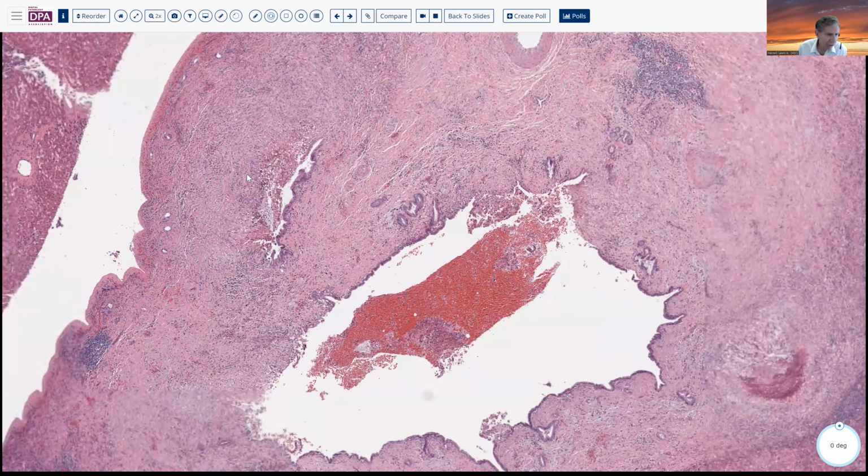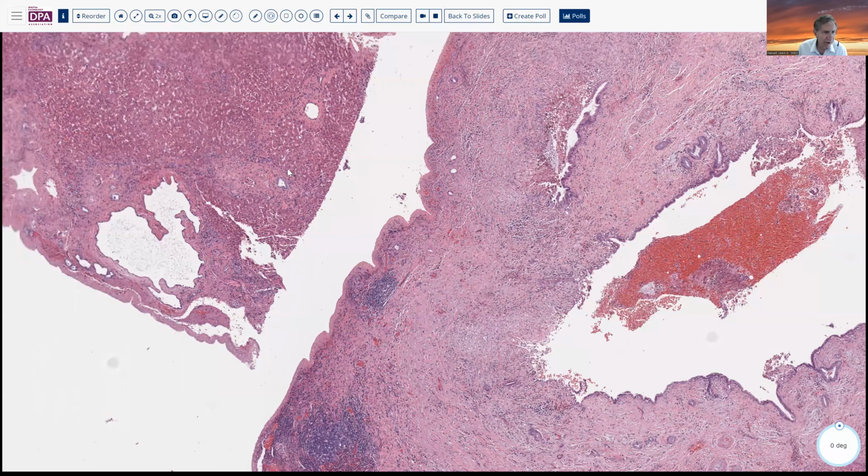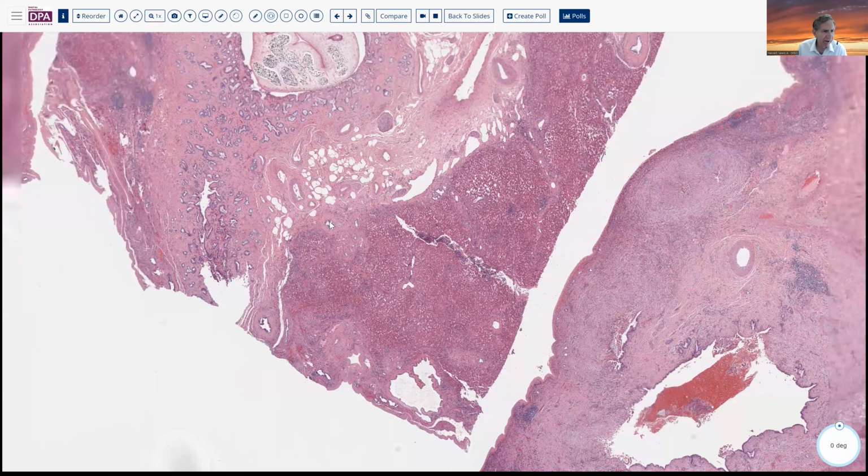So this, of course, raises the question of a parasitic infection, and in the liver and the bile ducts, we're going to be thinking about various flukes or possibly schistosomes as well. But as you probably detected at lower magnification, we have the culprit right here.